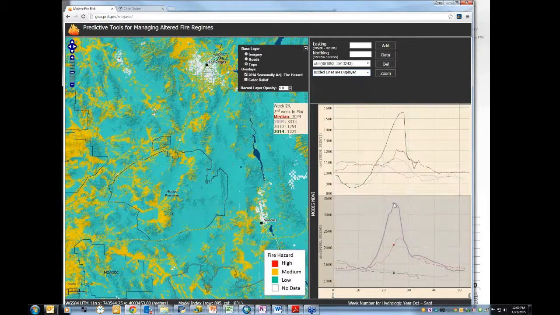And we can compare it to 2005, or 2009 in this case, a year with much better precipitation. So you get a sense of the patterns of development of vegetation and its relative productivity, and you can compare between sites of interest and concern.